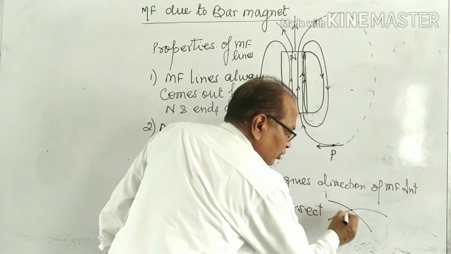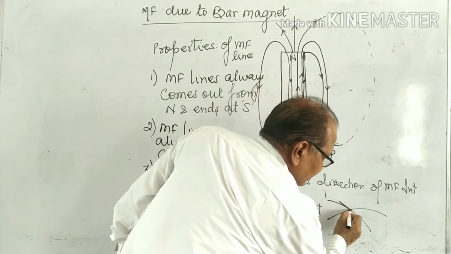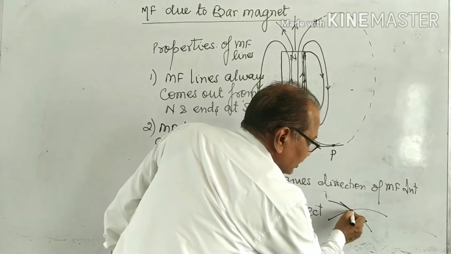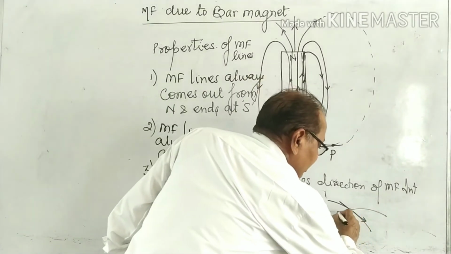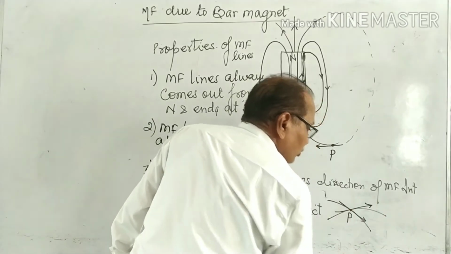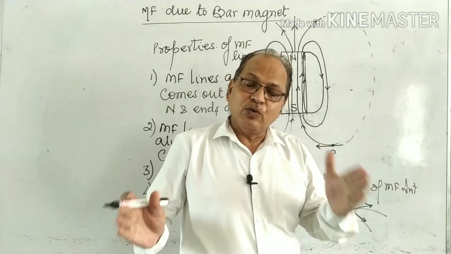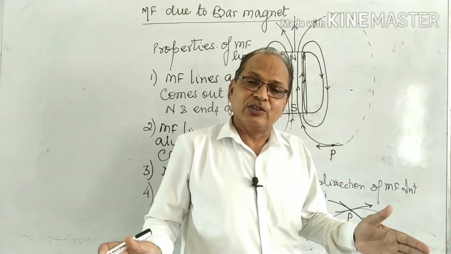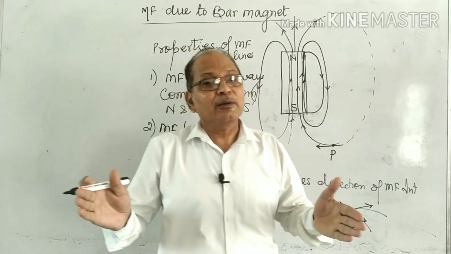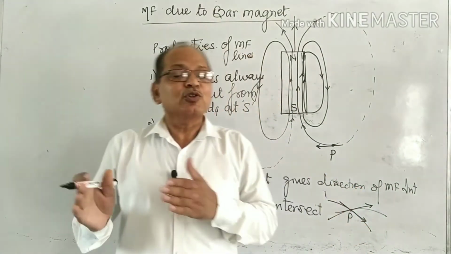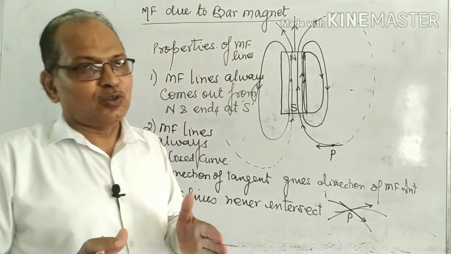At this point P, if you draw the tangent of this curve, it is like this. If you draw the tangent at the same point for this other curve, the tangent is like this. So the point P experiences force in two different directions. It means the magnetic field has two different directions at a particular point. Is it possible? No. Therefore, magnetic field lines never cross each other.